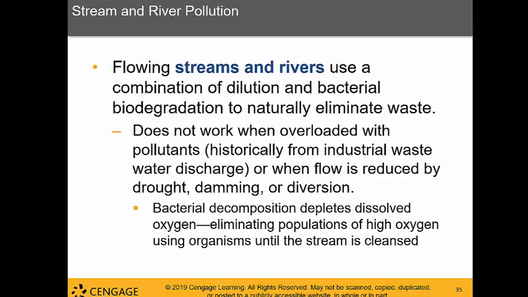As the bacteria are working to decompose certain pollutants, if too much of the pollutant is available and causes the bacteria to multiply to too high a level, we can then have the depletion of dissolved oxygen. Dissolved oxygen gets too low because the bacteria are using it up.